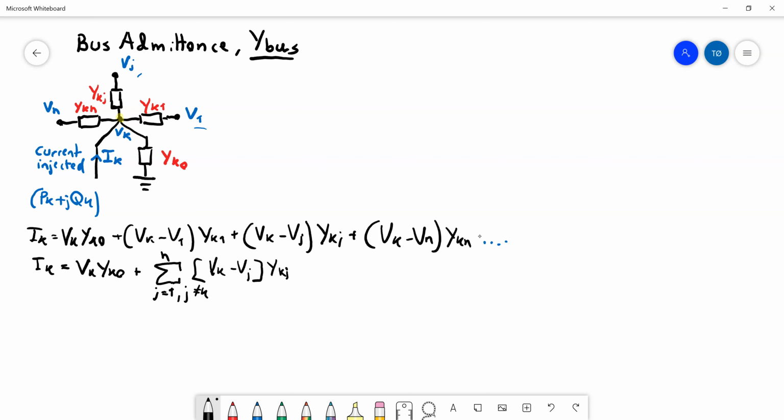Instead, here we have 1, here we have J, and the N. So J goes from 1 to N here.